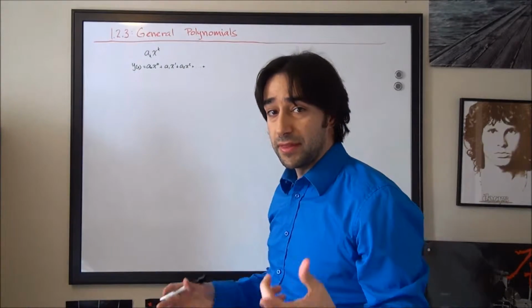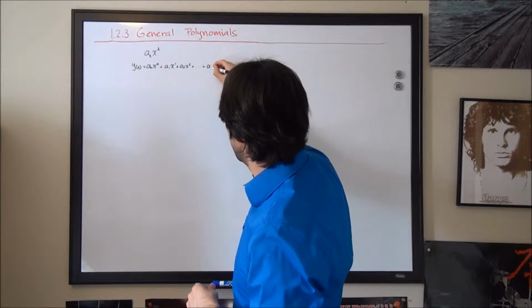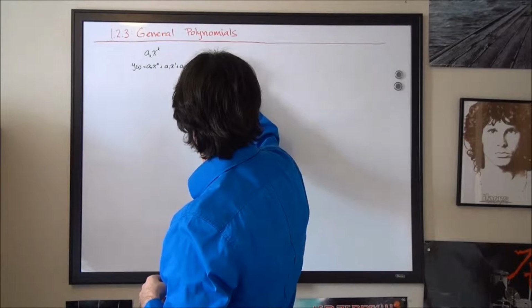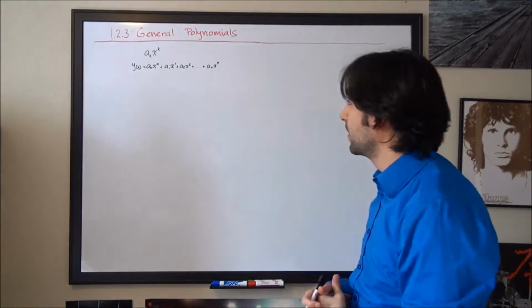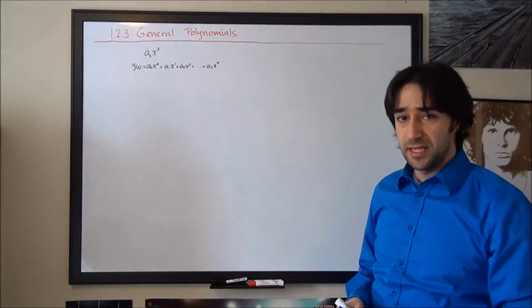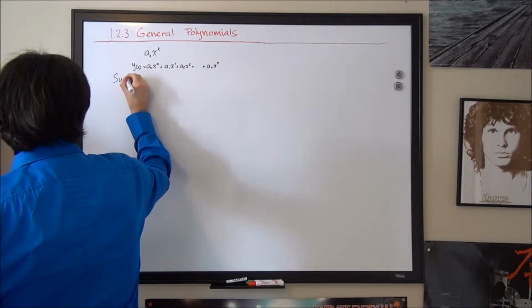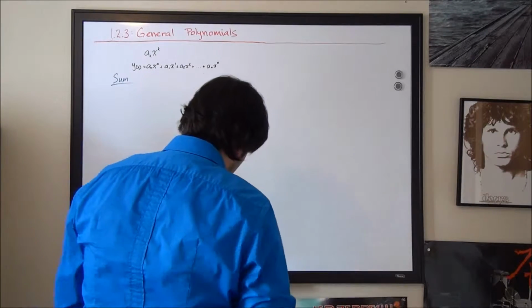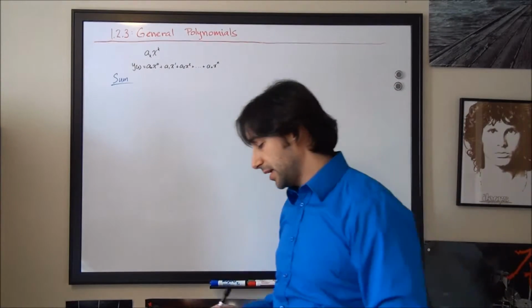In general, there may be n terms. So we can say a n x to the power n and every integer in between. What we want to do first is condense this and express it as a sum. We use the symbol sigma, capital sigma.